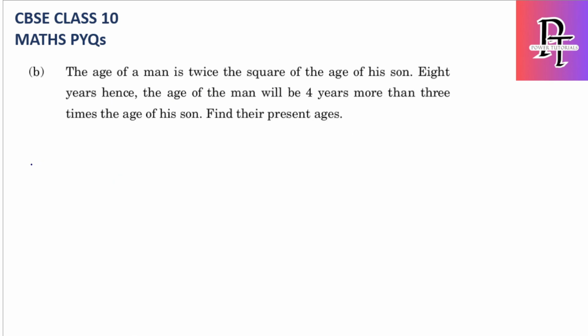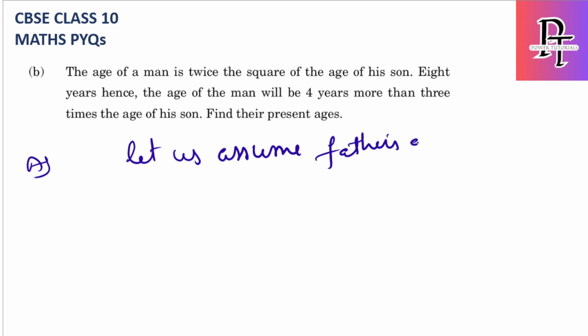Let's solve one question. This is also from 2024, one of the set papers. The question says, the age of a man is twice the age of his son. Okay, the first step I have told, let us assume father's age is x years, son's age is y years.